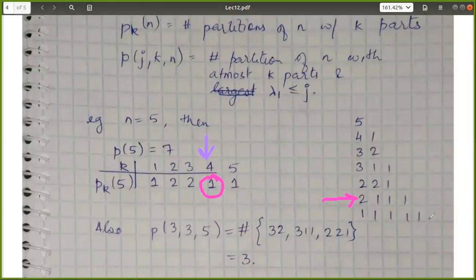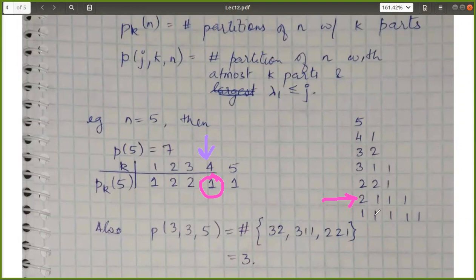When you have all ones, you could just add two of them up, and that's how you reduce one part. There is no other way. You see it?